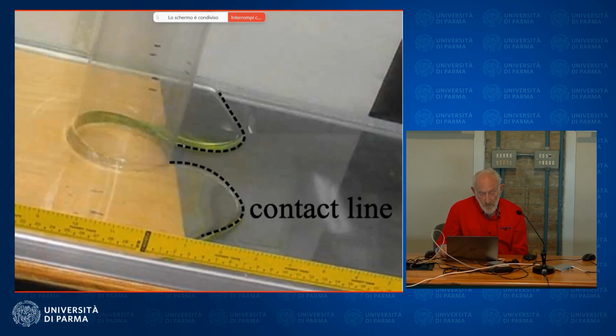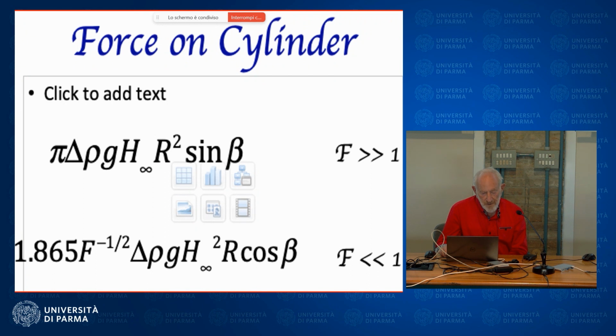This is now an experiment that we did. The lava was a viscous fluid. It came down, it met this cylinder, and this is at some stage after the flow has gone partly past the cylinder. But you see there's a separation and there's a dry zone. The force on the cylinder, that's a standard business.